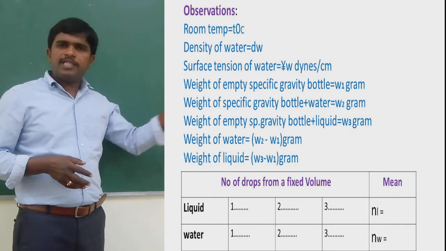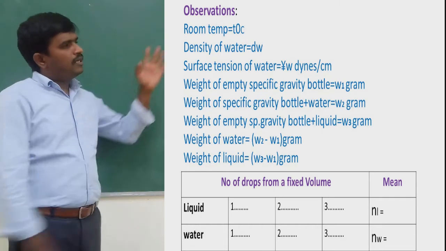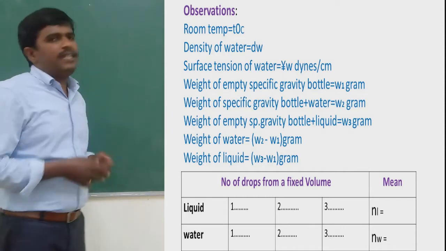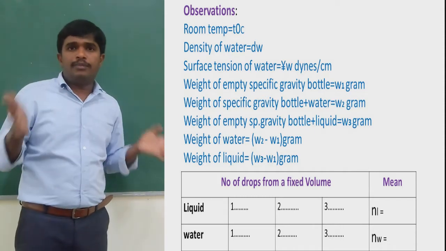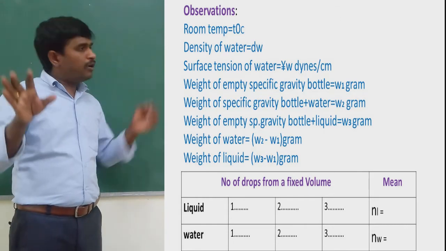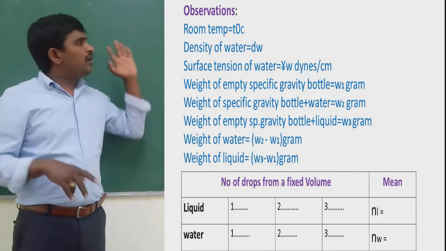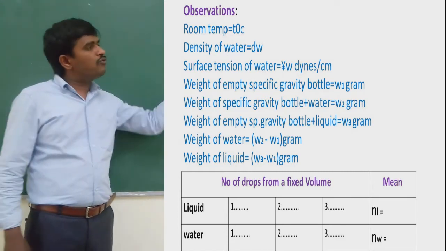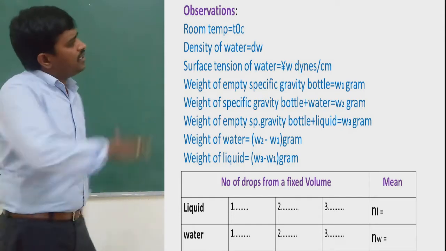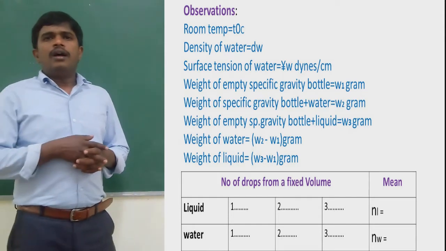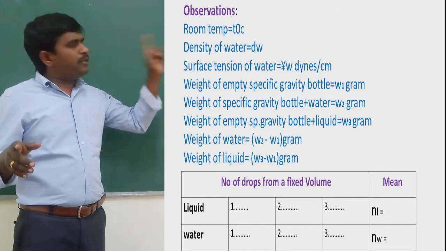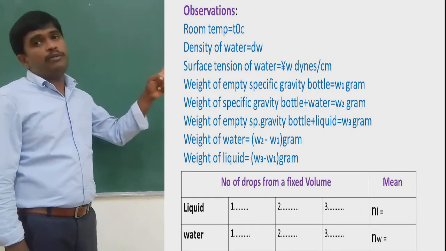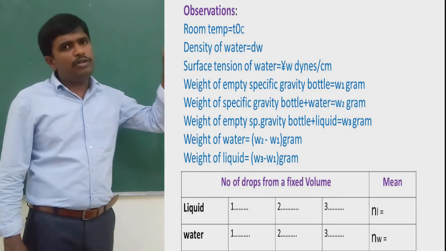Weight of the specific gravity bottle plus liquid is W3 gram. Here the weight of the water is given by W2 minus W1, that is, the weight of the specific gravity bottle plus water minus the weight of the empty specific gravity bottle. And the weight of the liquid is given by W3 minus W1 gram.